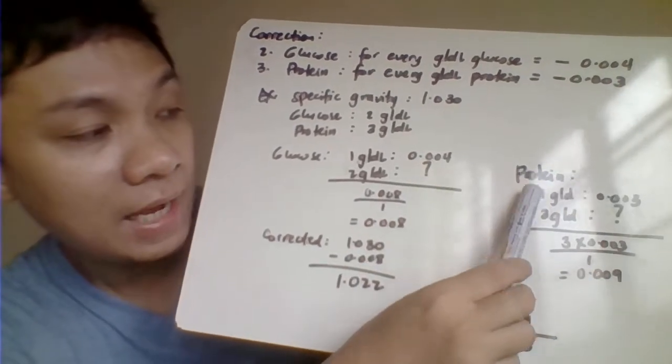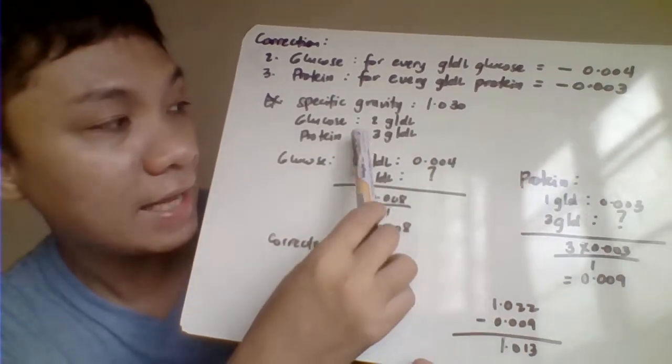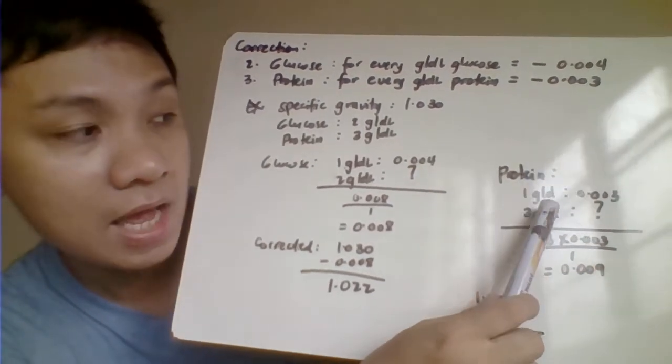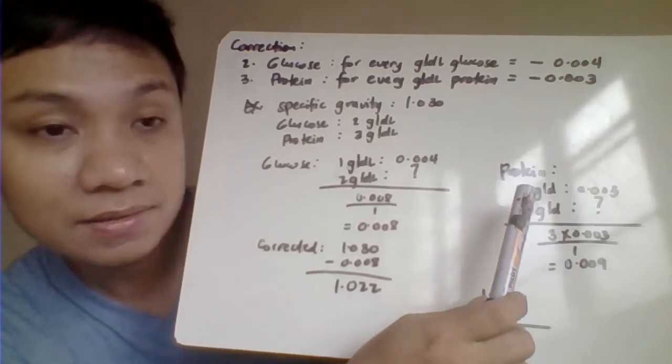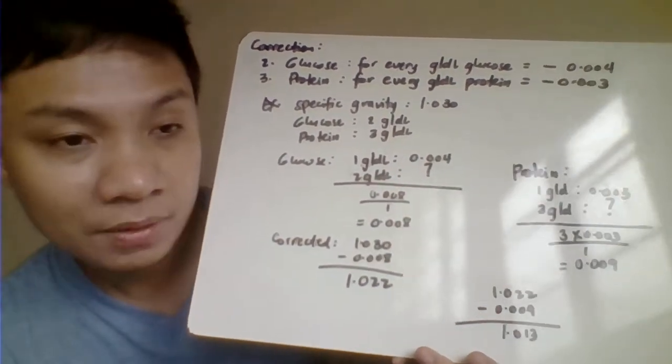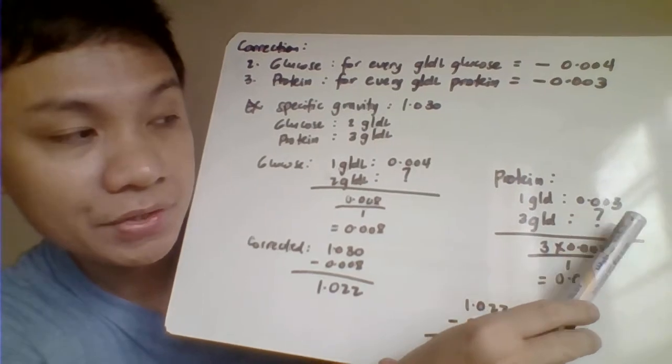Now we have your protein. Our protein is 3 grams per dL. The rule again, for every gram per dL of protein dissolved in our urine sample, we need to correct for 0.003.